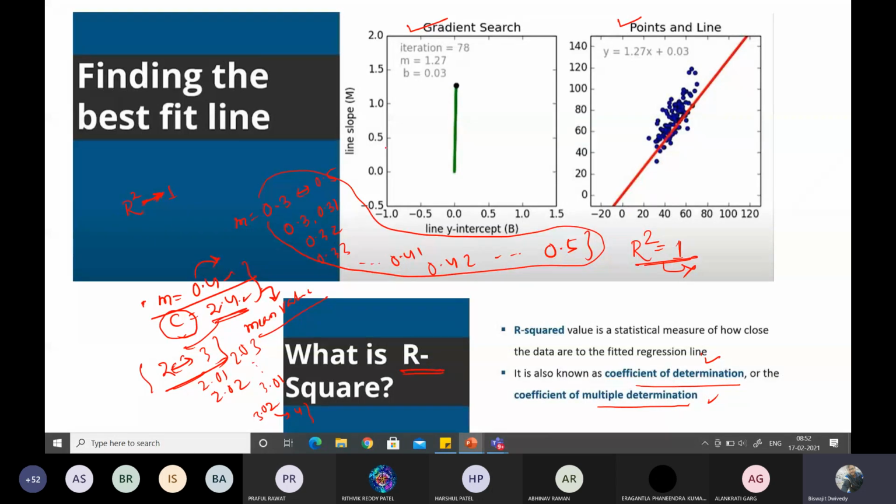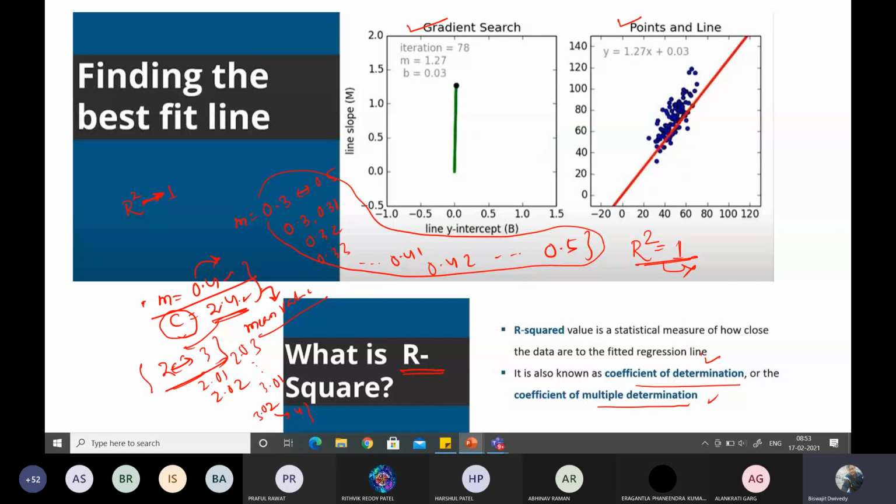We'll be using some derivative based techniques, or we'll be directly picking up some points from this range, or there are different types of optimization algorithms by which we can choose suitable values of m and c. Once we have suitable values of m and c, we can choose that corresponding line as your best fitted line, or you can say final regression line.